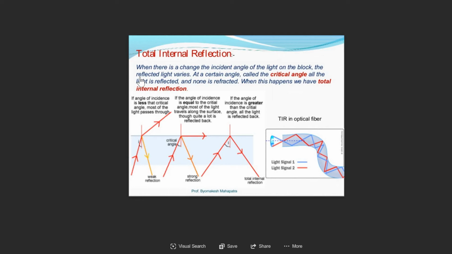When this happens, we have total internal reflection. So critical angle and total internal reflection are related. See, when there is no refraction, that angle is called the critical angle. And when there is a critical angle, then you don't have refraction, but you have total internal reflection.